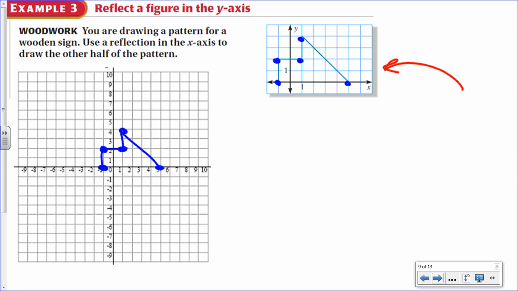Now what I want to do is reflect it in the x-axis. So now, if you reflect in the x-axis, just highlight it. There's your x-axis. And I would use the thing where we just counted. Since this dot is right on that reflection line, I would leave it there. And same thing with this one. Wouldn't move it at all.